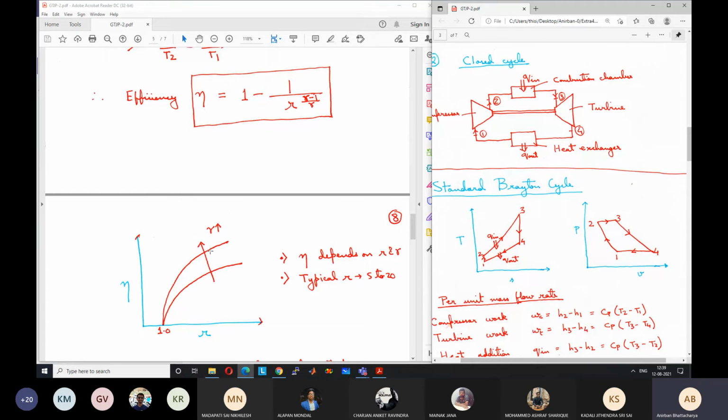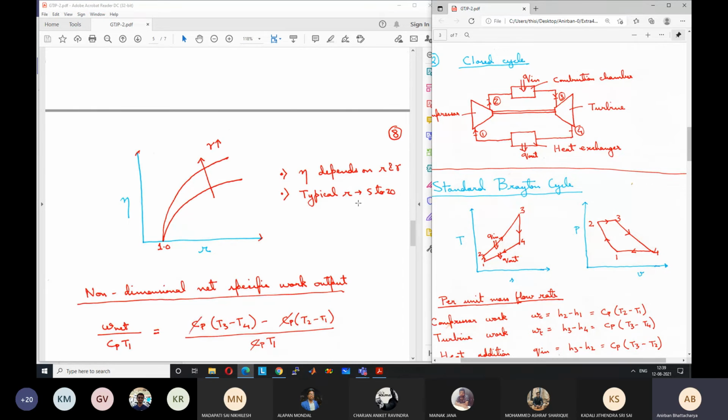Similarly, if you increase gamma, obviously gamma will not change because it depends on the gas, but hypothetically, if gamma is increased, again the efficiency for the same R will be higher. Typical values of R nowadays are around 20. Previously, when new aircraft were developed 50, 60 years back, compressor pressure ratio used to be very low, around 5 or 6. Now it has increased to quite high values.